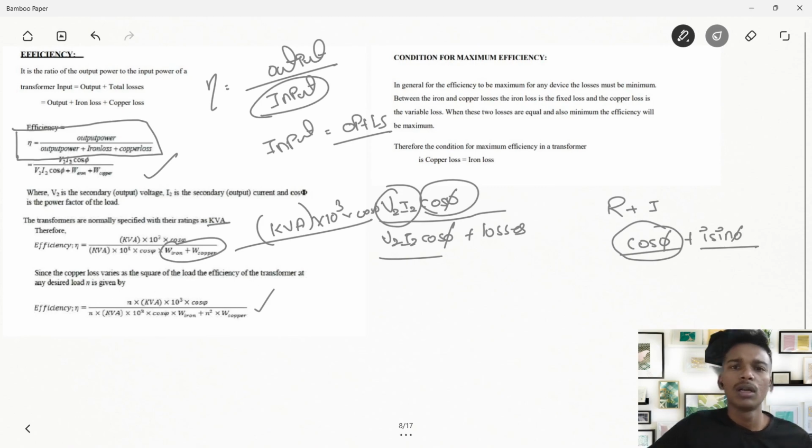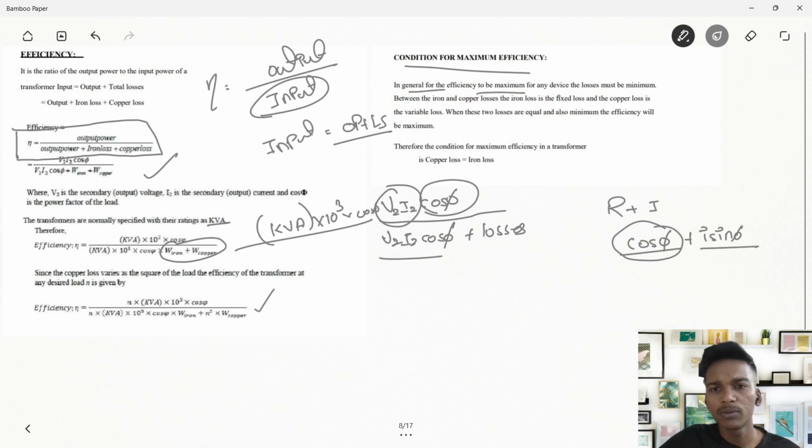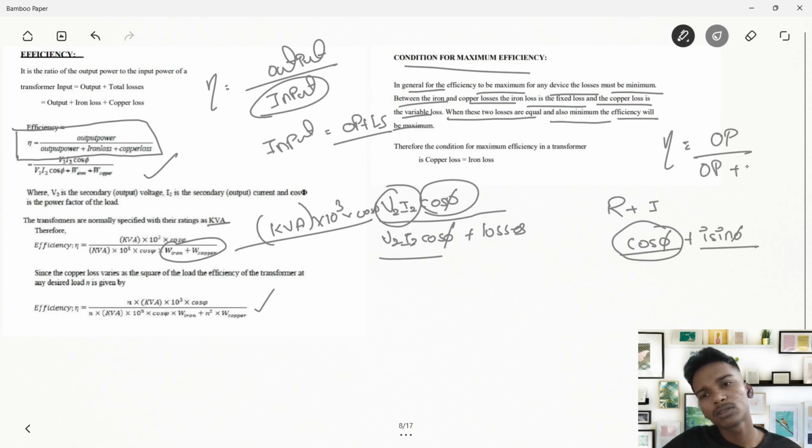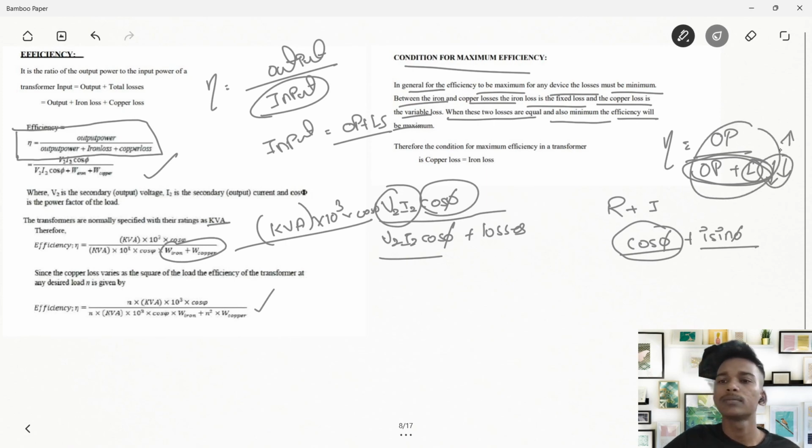Now, the condition for maximum efficiency. In general, for efficiency to be maximum for any device, the losses must be minimum. Between the iron and copper losses, iron losses are fixed losses and copper losses are variable losses. When these two losses are equal, the total loss is minimum and the efficiency will be maximum. Efficiency is equal to output by output plus losses. If the losses decrease, the whole denominator will decrease, and if the denominator decreases, the whole fraction will increase.